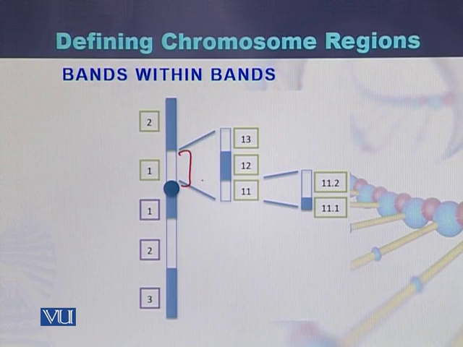So this band consists of 3 sub-bands, 1.1, 1.2 and 1.3. But again, when we magnify this band, we will come to know that there are again 2 sub-bands, 1.1 and 1.2. This band is 1.2 and this band is 1.1.